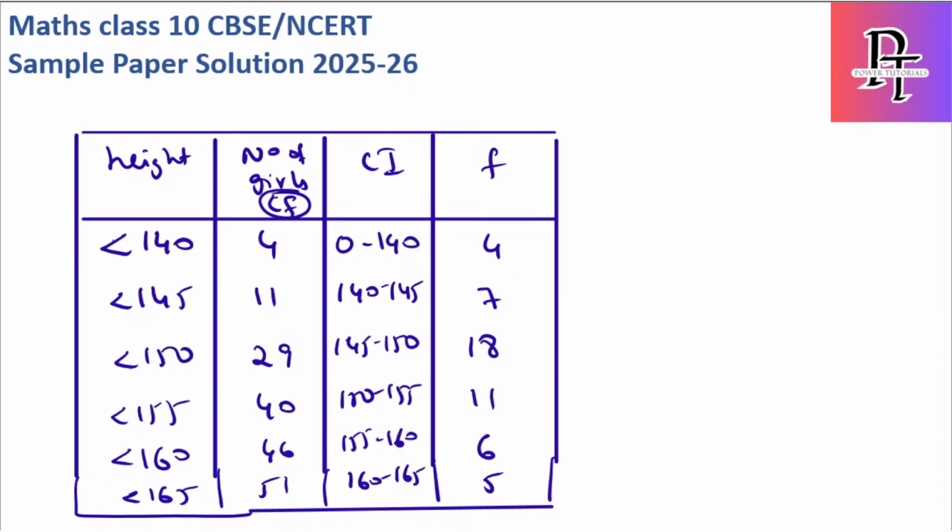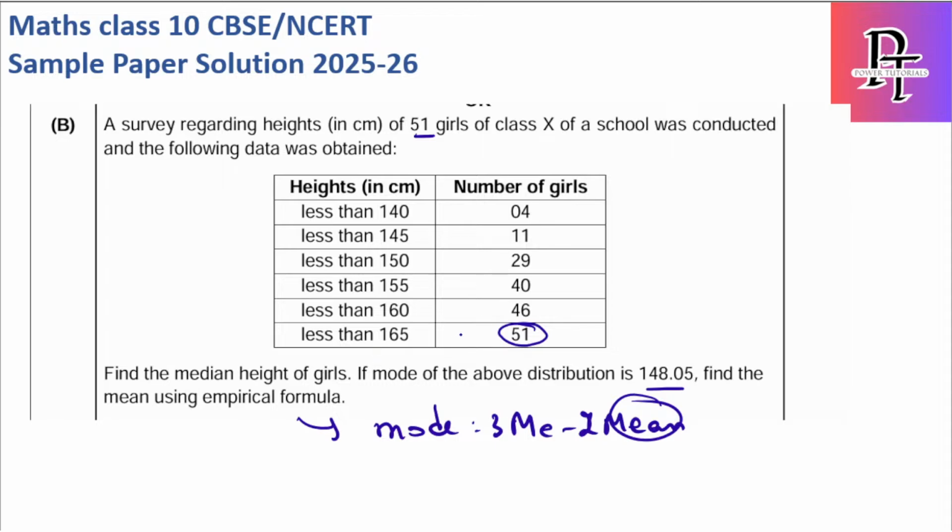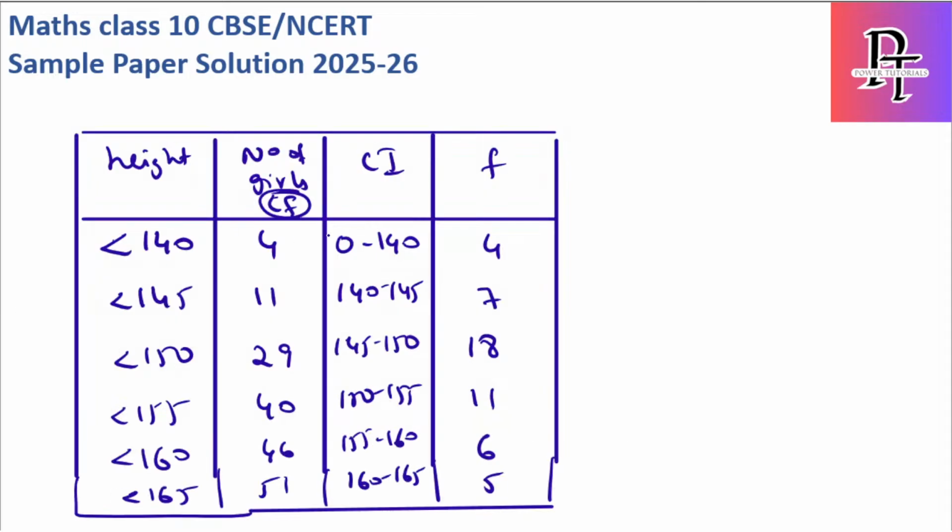What is the median? How many values are present? 51. What is the mid value? 25.5. So around 25 or 26; 25.5 cannot be the value, so let's consider 26 and see where it is. Less than 150, you will find 29 values. So that is the median class.